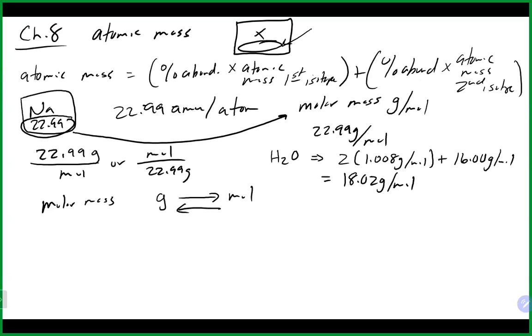The other thing that we talked about was our friend Avogadro's number, and Avogadro's number is what we use to go between moles and atoms, right? And that's really what a mole represents, is Avogadro's number. 1 mole of any substance is Avogadro's number. So 1 mole of anything is equal to 6.022 times 10 to the 23. Remember, the units here can change. It could be atoms, it could be molecules, it really could be anything.